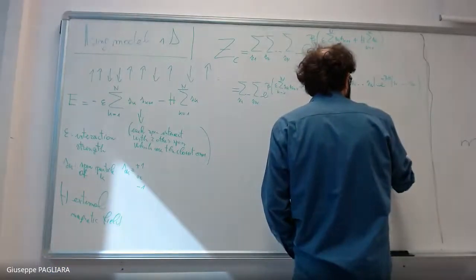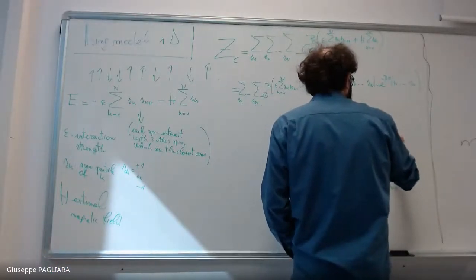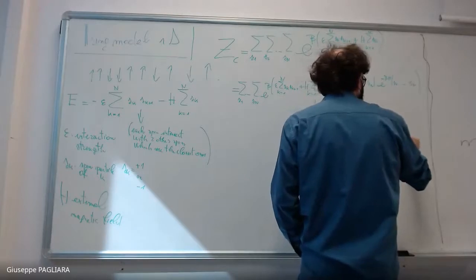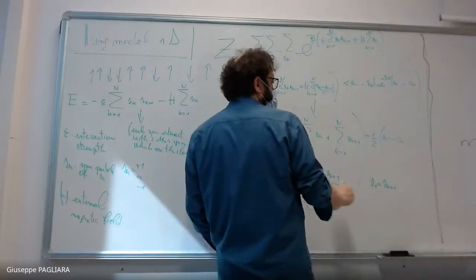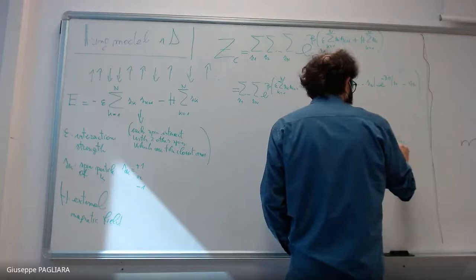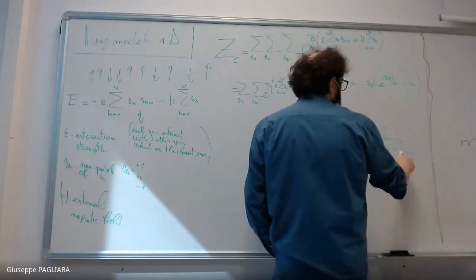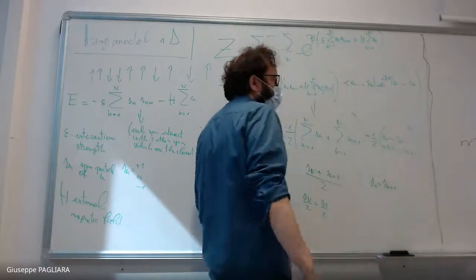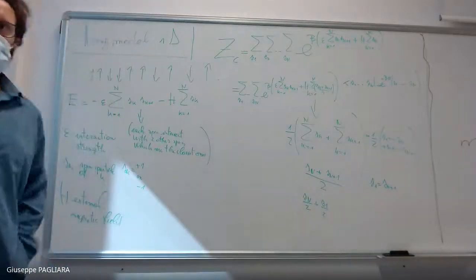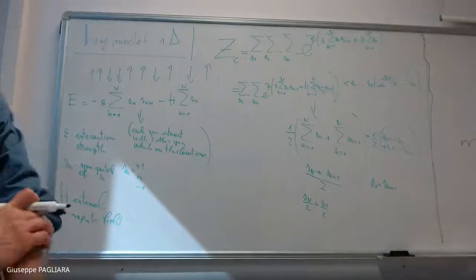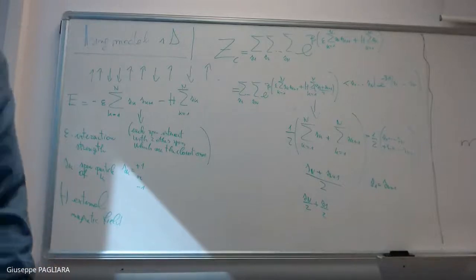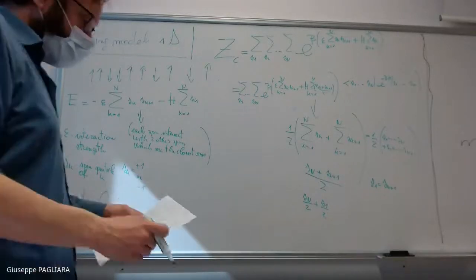The first sum plus S_{n+1}, but S_{n+1} and S_1 are the same, therefore we get the same S_1, divided by 2, twice divided by 2. Okay, good.